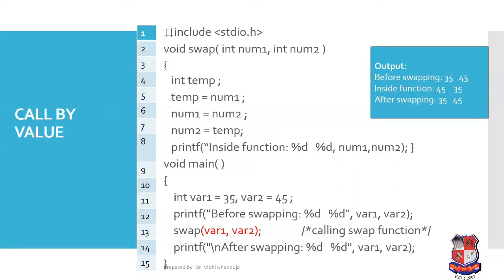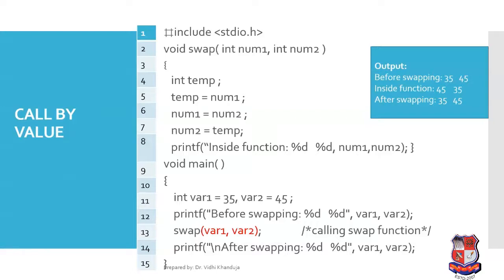Not the variable. So what output am I going to get? Before swapping, var1 and var2 will have the values 35 and 45. Now the function will be called. Inside the function, num1 and num2 will interchange their values, so I will get 45 and then 35.